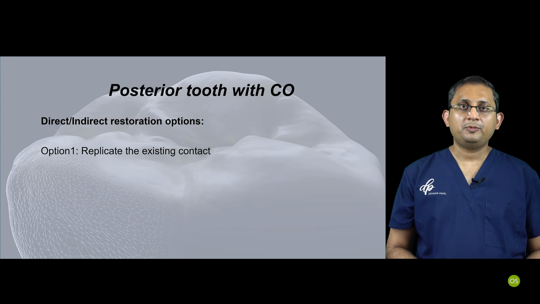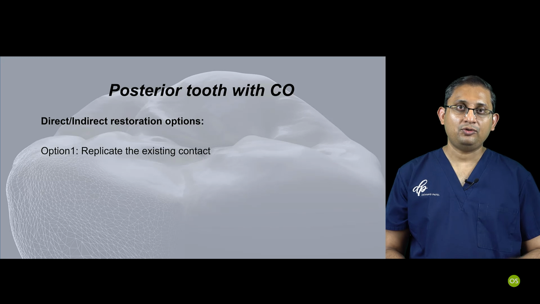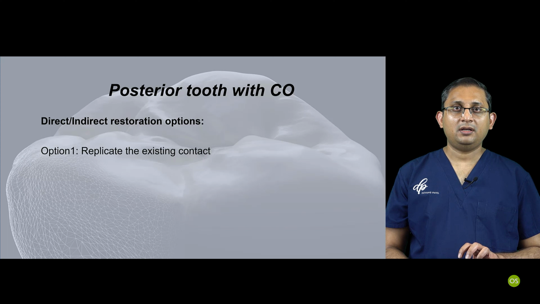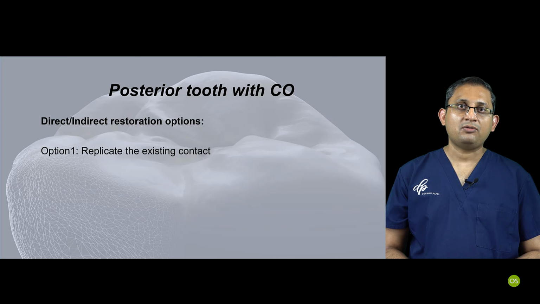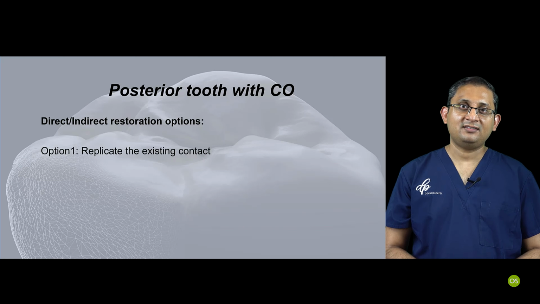One option, if it's a direct or indirect restoration, is to replicate exactly what the patient has in their mouth. You take an index or a scan and replicate that same shape, and cement the new crown with the same shape. It's a very difficult technique, and you need a highly skilled technician, and you need everything to go right. Even then, there is a chance that it may not work.